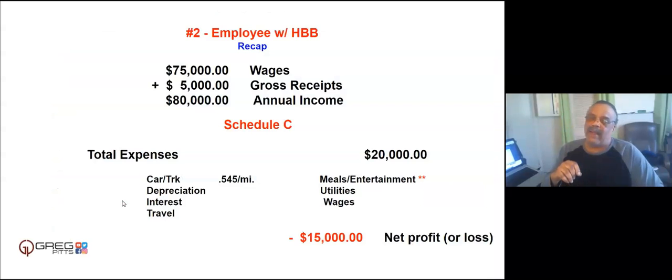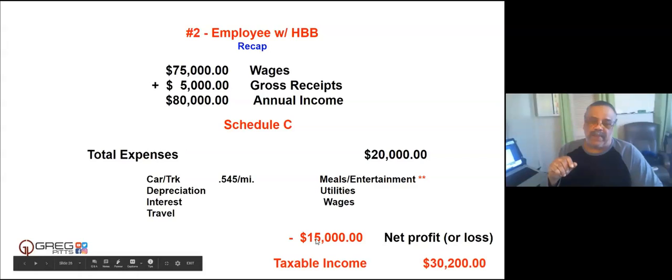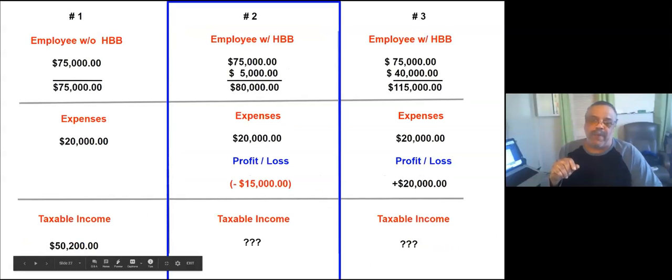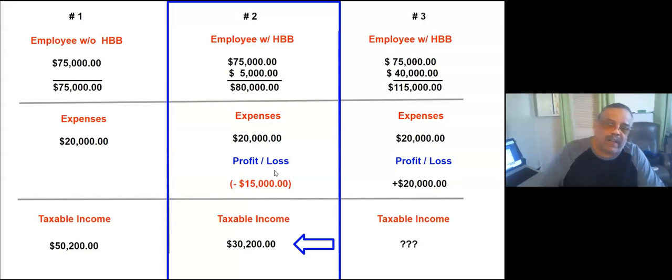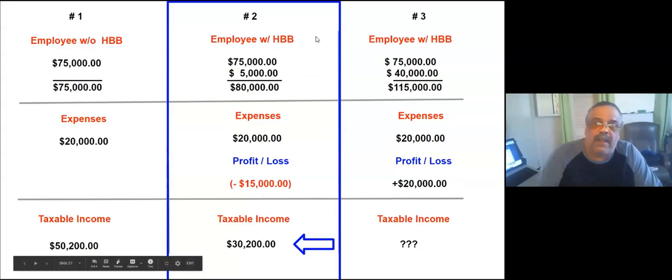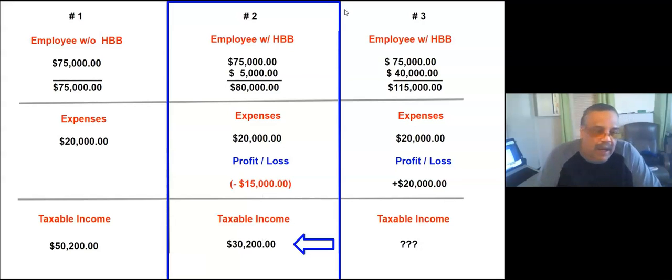Okay, let's see what that difference is when we go to our chart. It's showing a $15,000 loss. Your taxable income is $30,200. When you compare that $30,200, because you have a business, look at the difference in your taxable income.